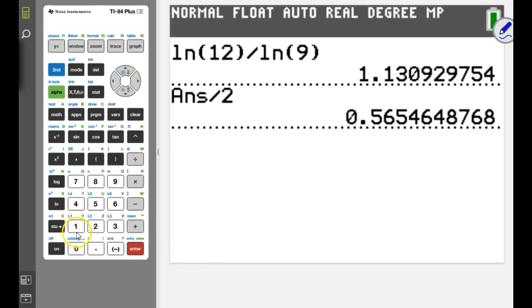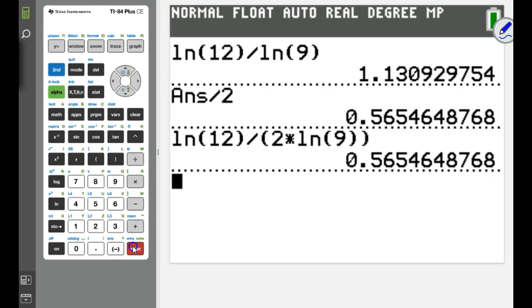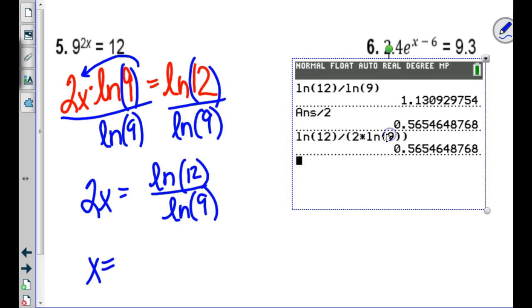You could have done it in one step by saying, I'm going to take the log of 12, close parenthesis, and then I'm going to divide it by the quantity, 2 times the natural log of 9. Does anybody need me to do it with log to show you that it's the same thing? I promise. Okay. So I could have divided the 2 out here at the same time, as long as I put extra parentheses.